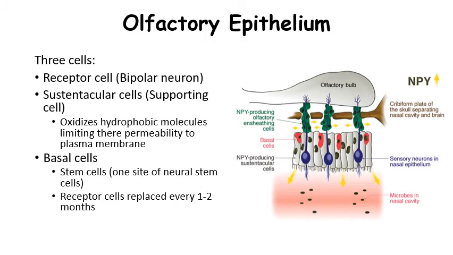So here's kind of the setup for the olfactory epithelium. This is going to be on the roof of your nasal cavity. And if you remember that cribriform plate from anatomy, remember that cribriform plate had those little olfactory foramina. So that is where these are sitting. These are those little holes in the cribriform plate when you were looking at the ethmoid bone in anatomy. Okay, so this is where the sensory neurons are going to travel through.